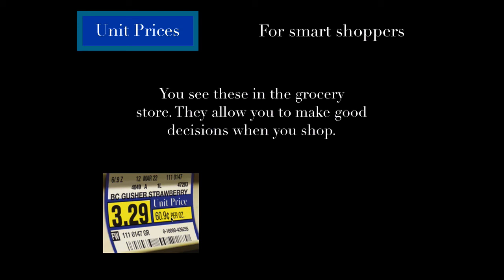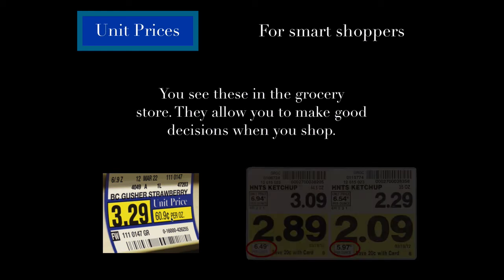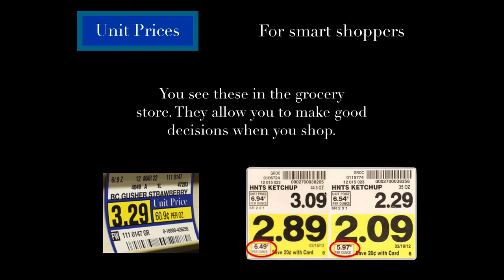This is really kind of important because you can comparison shop, right? You can look and see what's the best prices, what's the best deal. See it here again, right? So here's two different things of ketchup. They're both exactly the same, right? But at this store, it's $6 or 6.49 cents per ounce, and over here it's going to be 5.97 cents per ounce, right?